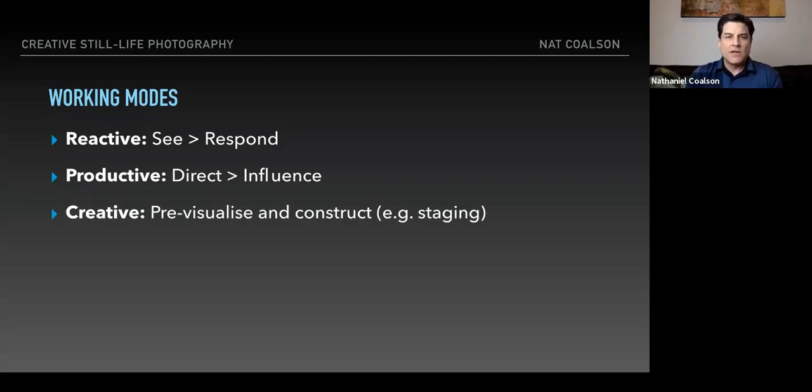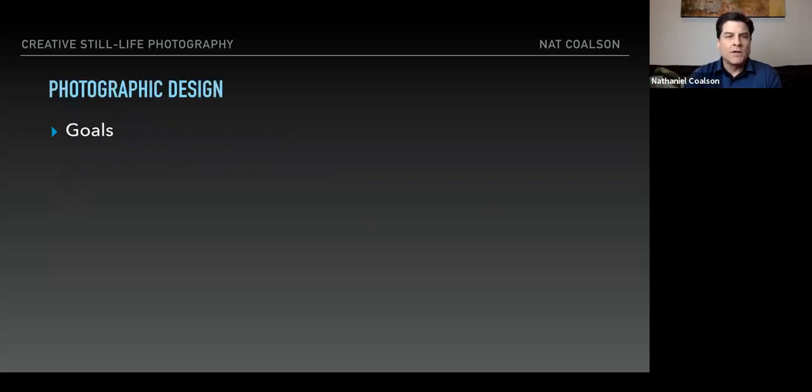And when you're fully in a creative mode, you're really pre-visualizing pictures. You're imagining what's possible. You're seeing with your mind's eye the kinds of pictures you can make, and then, as necessary, going about and constructing them. Now, this could come down to adjusting the lighting or changing the staging of the setup as well.